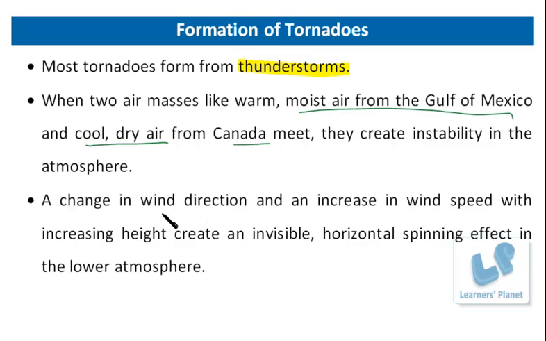So a change in the wind direction and an increase in wind speed with increasing height creates an invisible horizontal spinning effect in the lower atmosphere. And what happens after that?